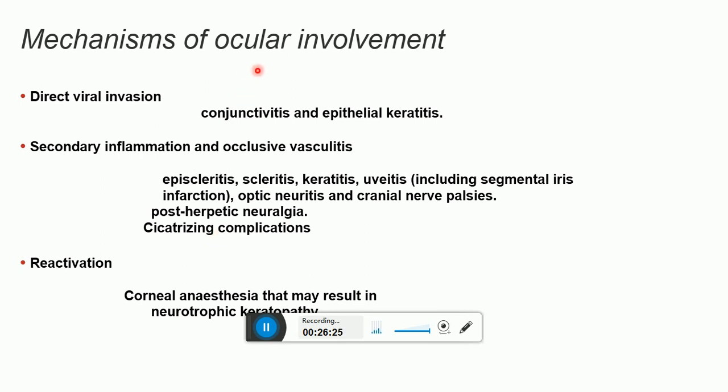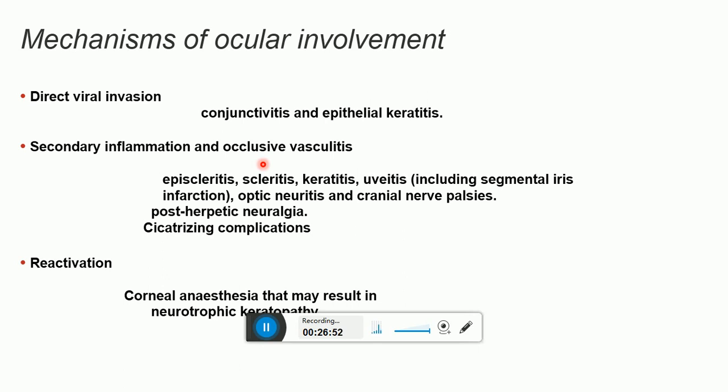Mechanism of ocular involvement. Direct viral invasion may lead to conjunctivitis and epithelial keratitis. Secondary inflammation and occlusive vasculitis may cause episcleritis, scleritis, keratitis, uveitis, including segmental iris infarction, optic neuritis, and cranial nerve palsies.